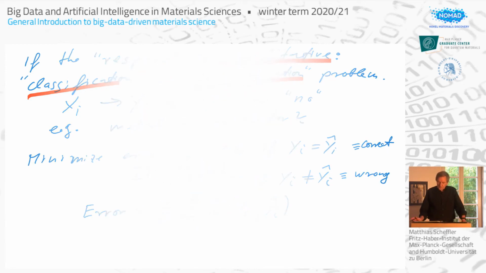Let me continue with two other terms which play a big role nowadays in the field of machine learning. Supervised learning. Everything we discussed so far would be under the label of supervised learning.